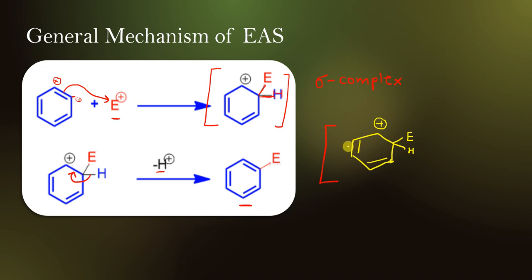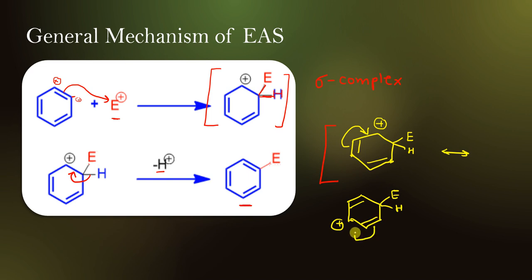This double bond will shift toward the positive charge, and the positive charge will come on this particular carbon. So we'll get a positive charge on this carbon, and a double bond here. This is your electrophile and H, and this double bond will remain as such.